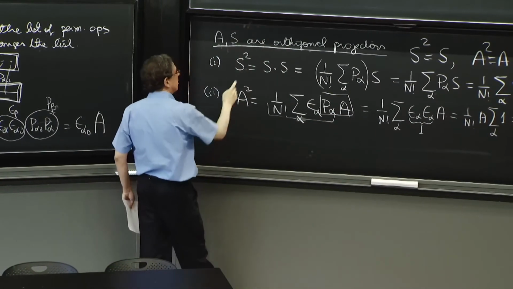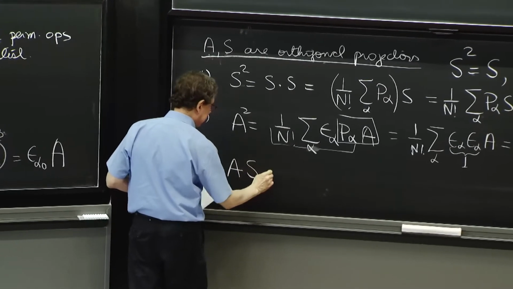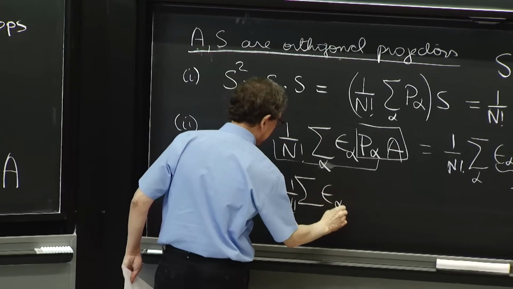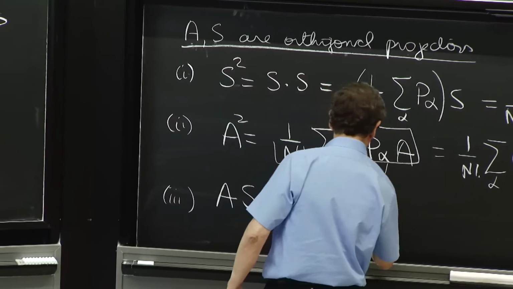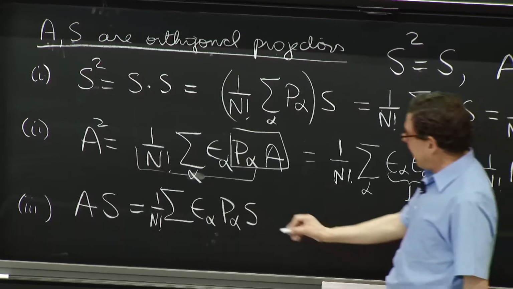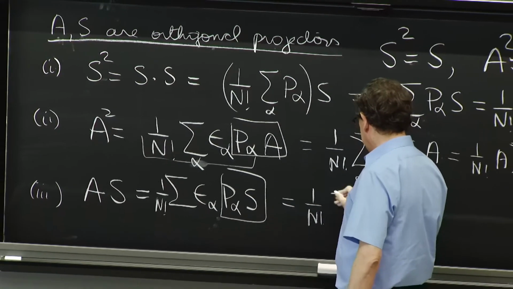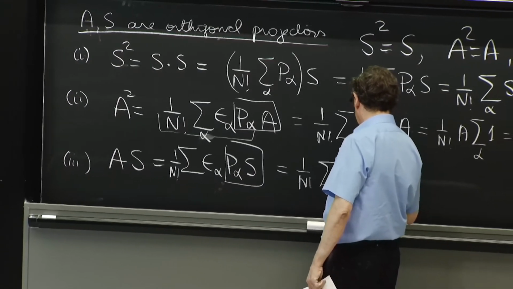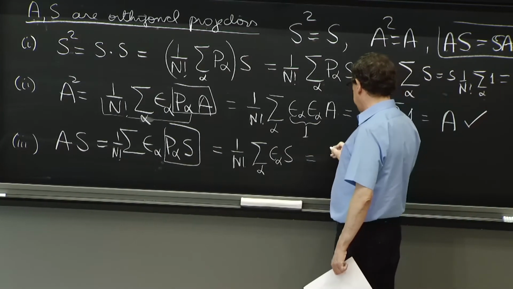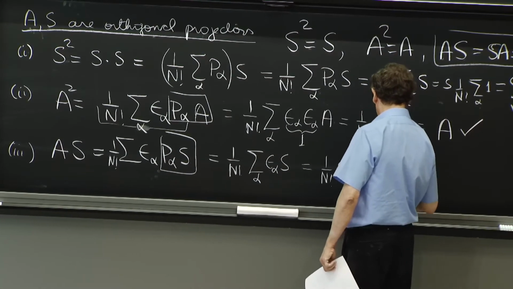So A squared is also A. Finally, let's do one of those mixed products, number 3. A multiplied with S. So as usual, we write the first operator explicitly, epsilon alpha P alpha on S. But P alpha on S, we know already, is just S. So 1 over n factorial, sum over alpha, epsilon alpha times S. The S goes out: 1 over n factorial, S, sum over alpha of epsilon alpha.